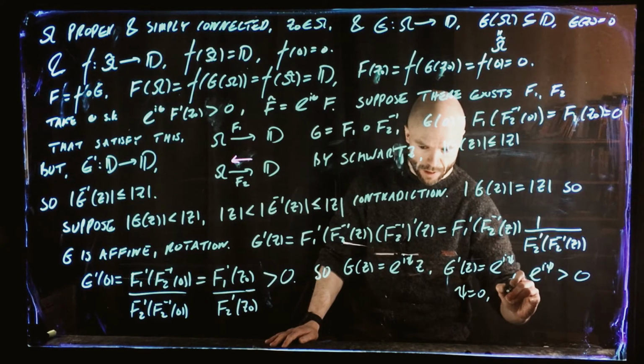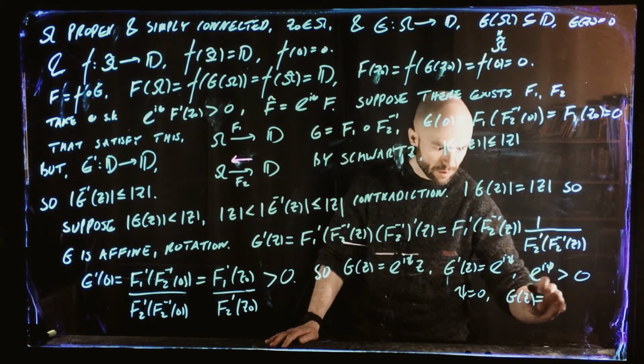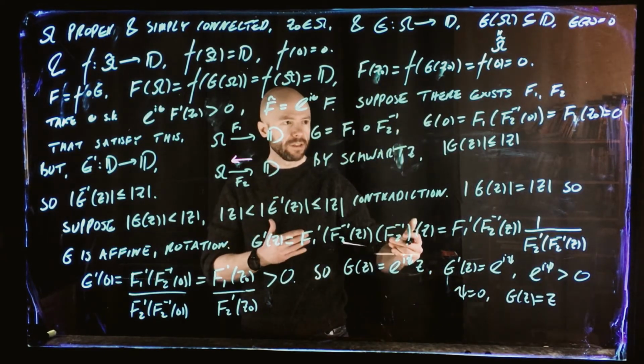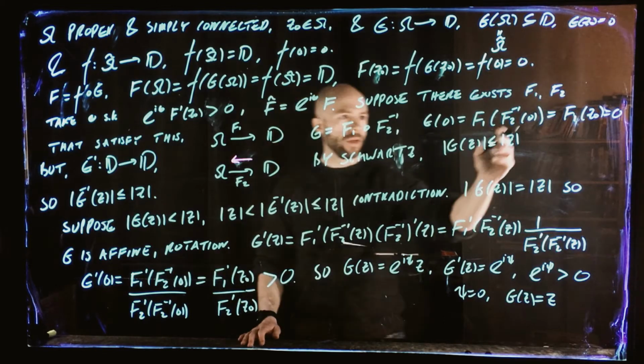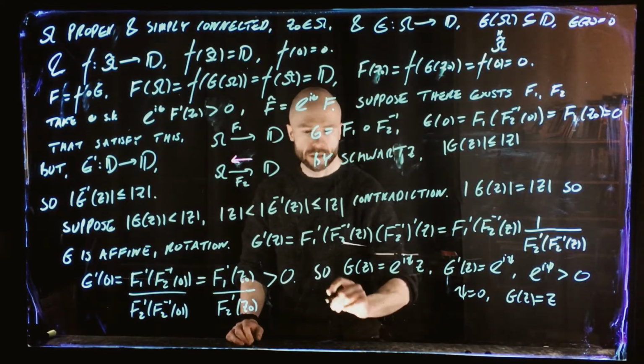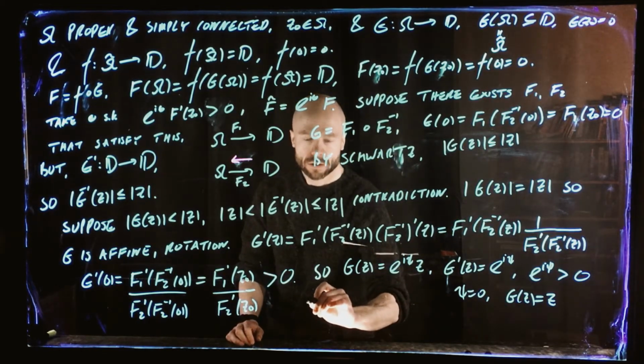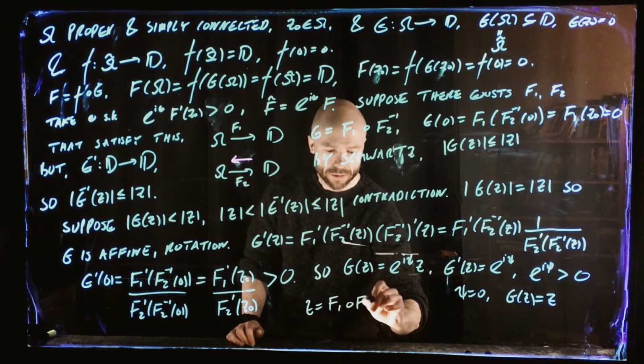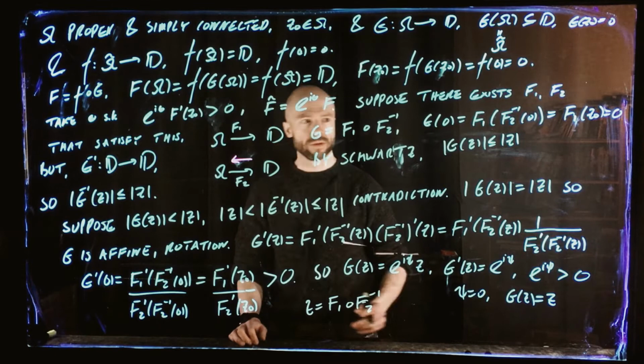Which just means that g of z is just the identity map. So if g of z is the identity map, then that means that z equals f1 composed with f2 to the minus 1, i.e. f1 and f2 are the same thing.